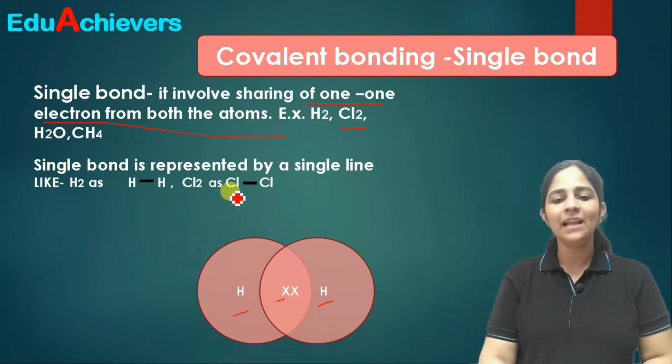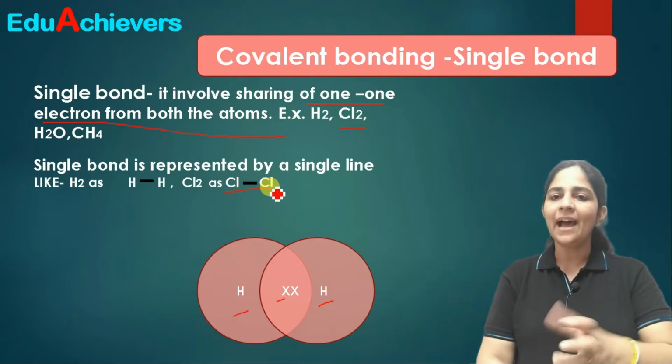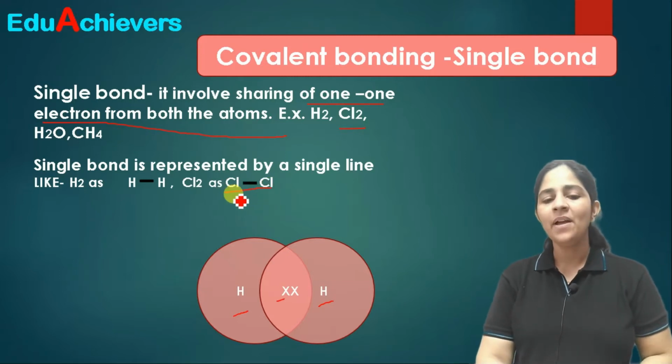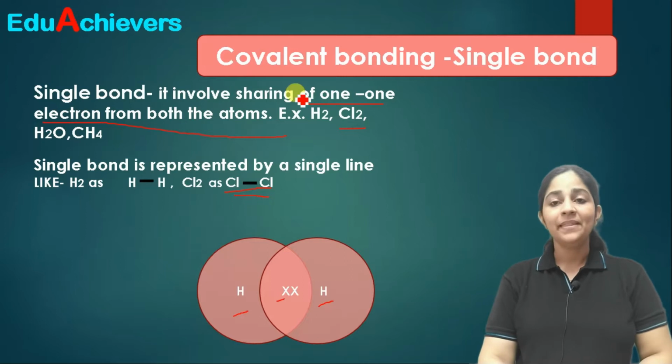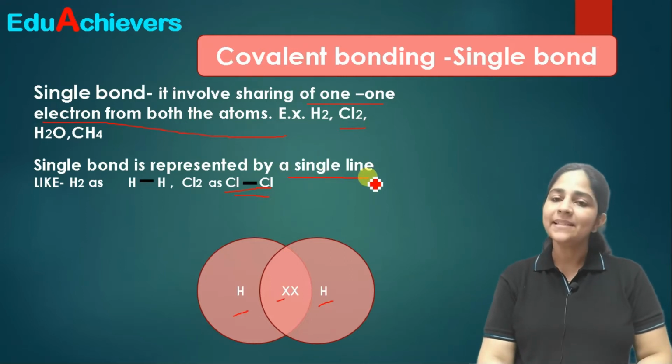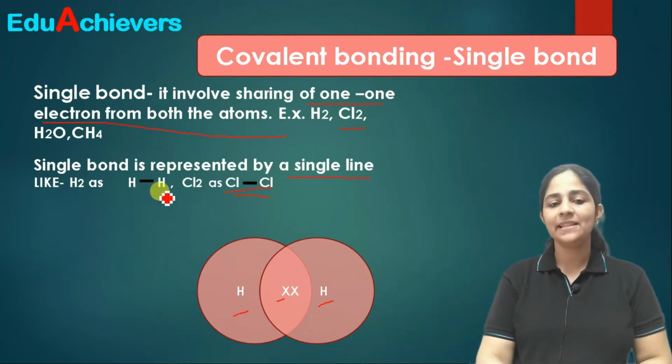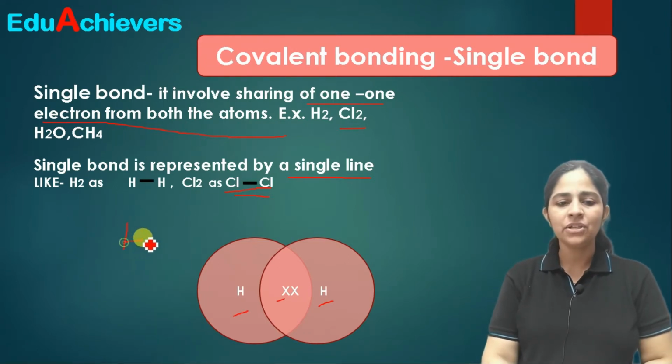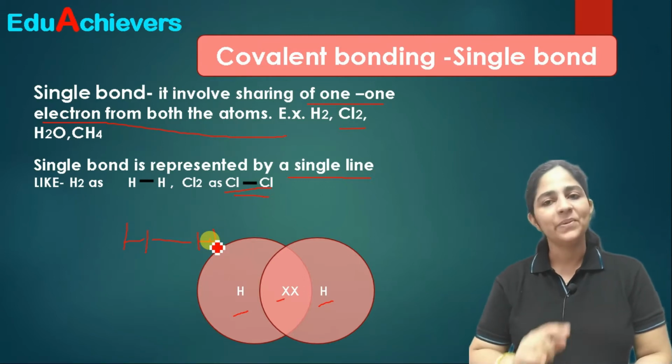It shares one electron with the other atom and they attain stability, and that's how this single bond is formed. A single bond is represented by a single line. We write H, then a single line in between, and then the other atom. This way the single bond is denoted.